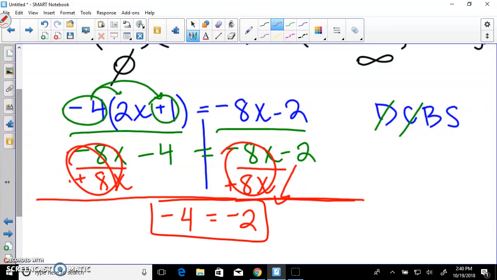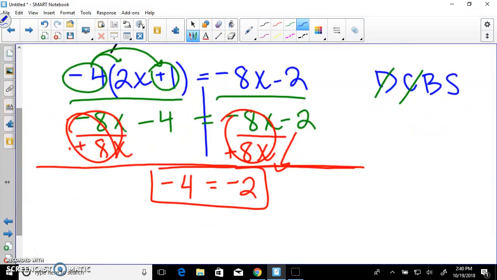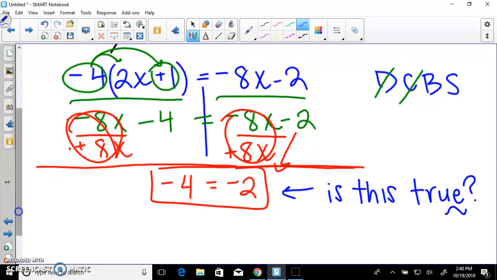So this is our answer. -4 equals -2. Now this is so different than what we're used to seeing. We're used to seeing x equals something or y equals something, whatever our variable is. But in this case, it doesn't even have a variable anymore. So we need to ask ourselves, is this true? Is it true that -4 equals -2?